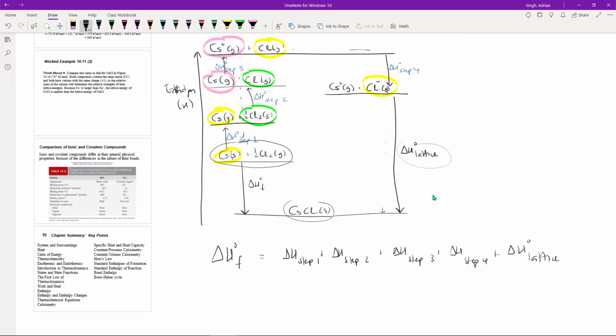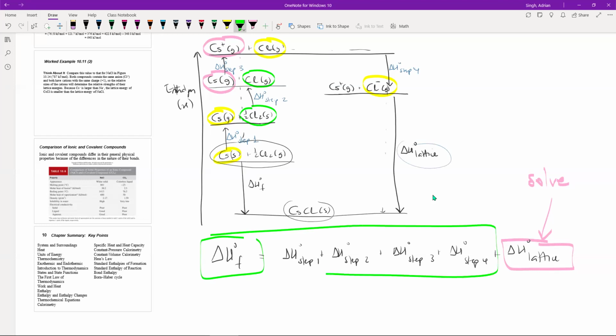These are all known values, so we plug them in, and then this is our unknown. We can solve for this. All the others, we simply plug these values in, so it just becomes a math problem. Once we have our steps outlined, we're solving for the lattice energy for that particular ionic compound.